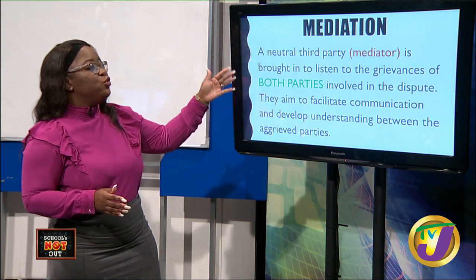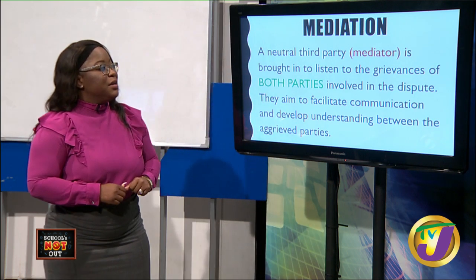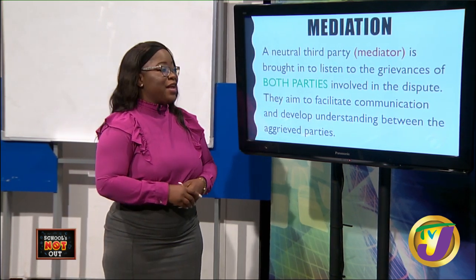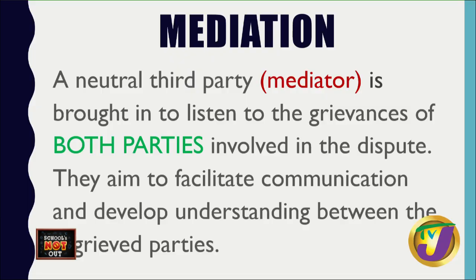So we say they are neutral third parties. We refer to them as mediators. A neutral third party is brought in to listen to the grievances of both parties involved in the dispute, and they aim to facilitate the communication among those who are involved in the dispute and develop an understanding between the aggrieved parties.